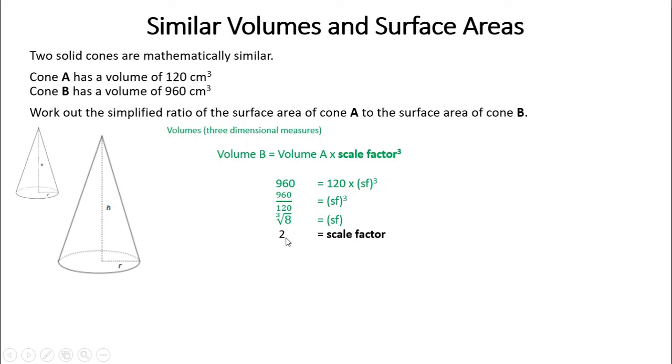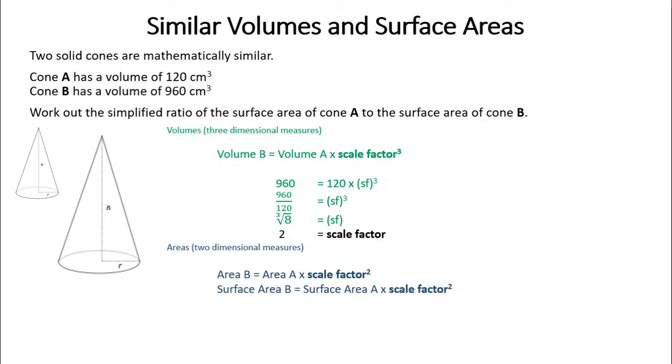Okay, so that given, I can now set up a ratio for the surface area of cone A to the surface area of cone B. I'm going to start by writing that ratio just in words. There you go, surface area of A to surface area of B. Now, I want to replace these words with numbers somehow. Even though I don't know what the surface area of A is or what the surface area of B is, I do know that the surface area of B is equal to the surface area of A multiplied by the scale factor squared.